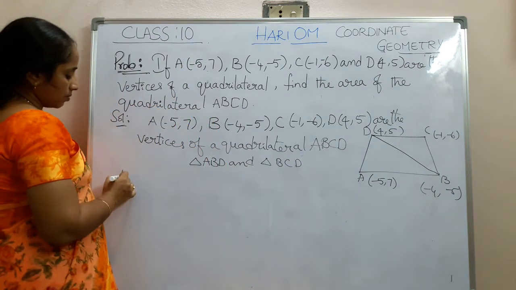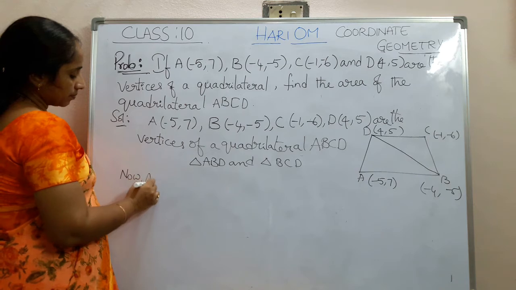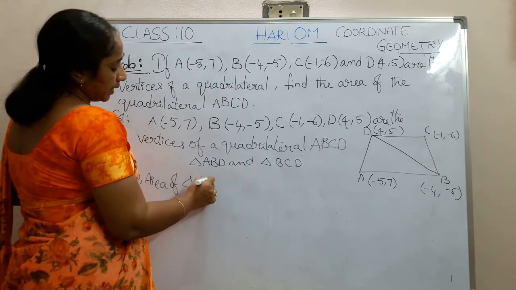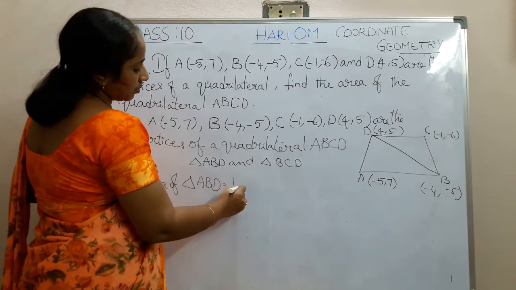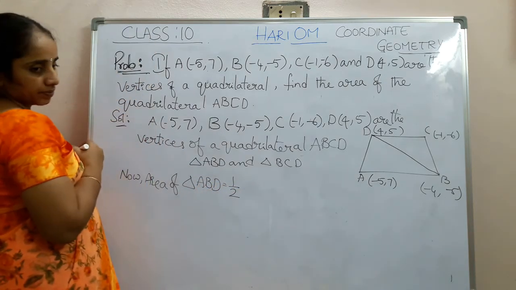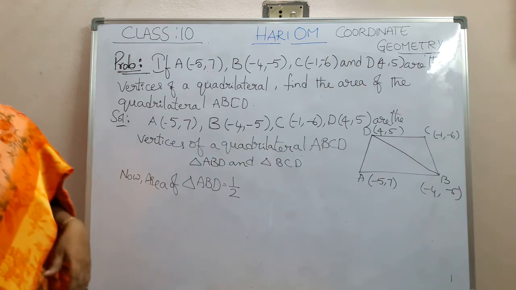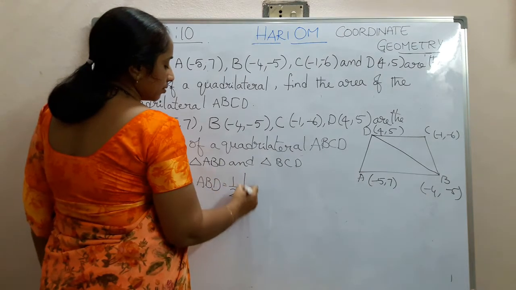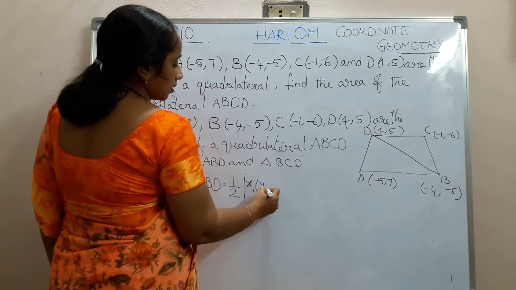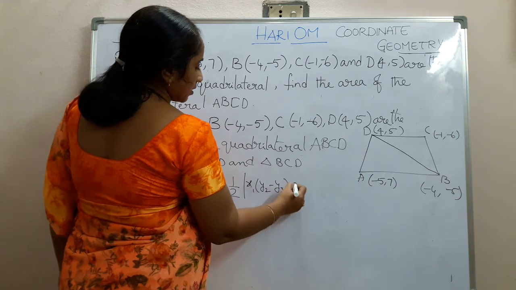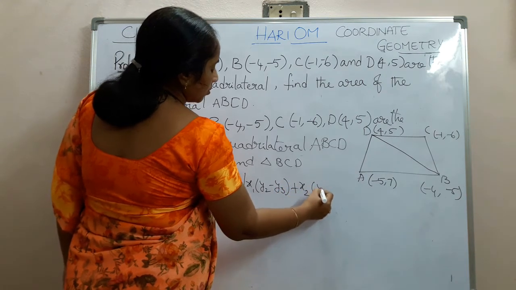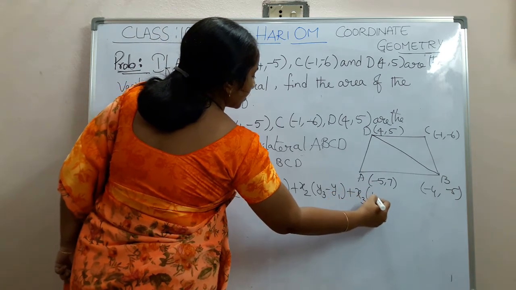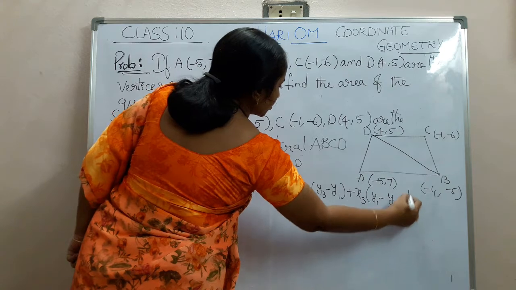So now area of triangle ABD is equal to half x1 (y2 minus y3) plus x2 (y3 minus y1) plus x3 (y1 minus y2).